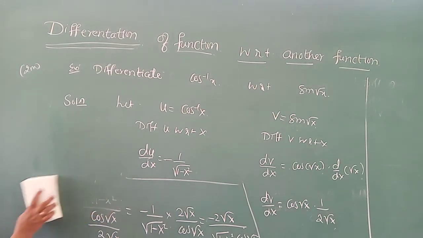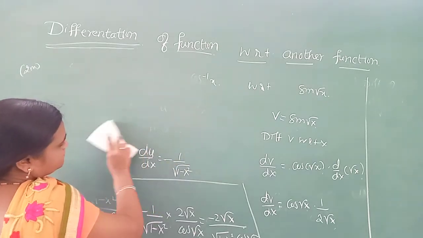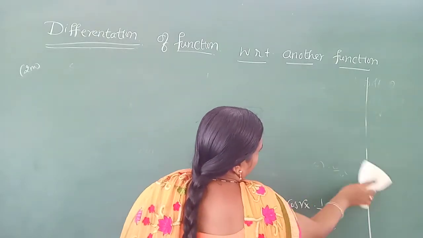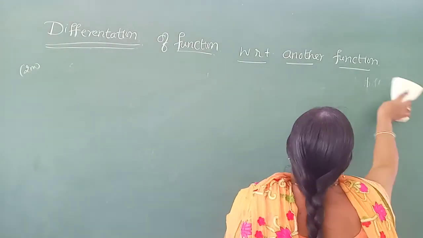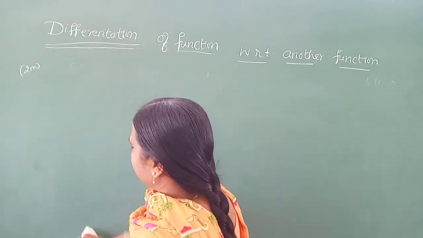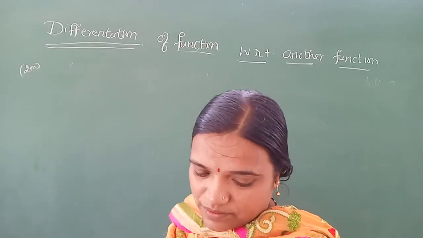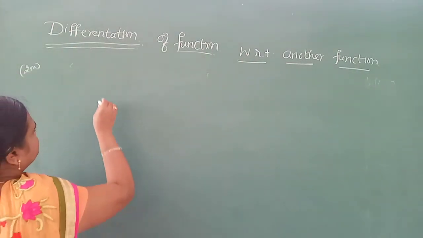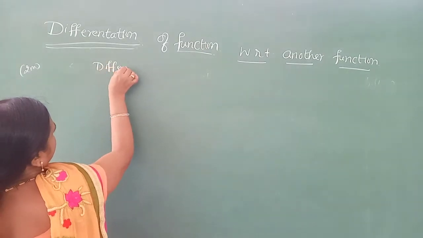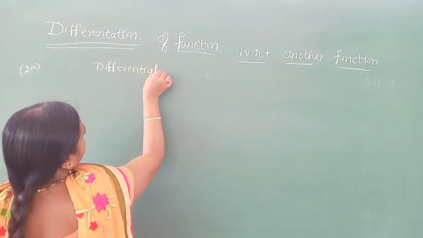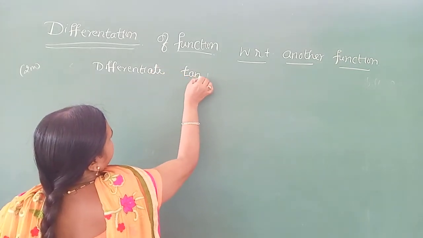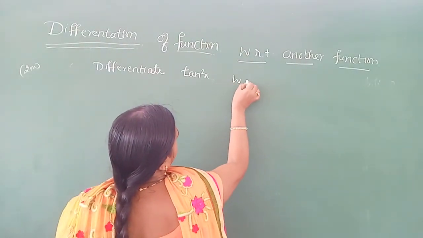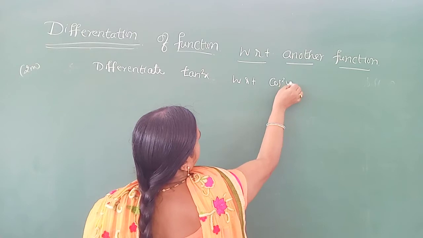We take the next one. Next one is: differentiate tan square x with respect to cos square x.